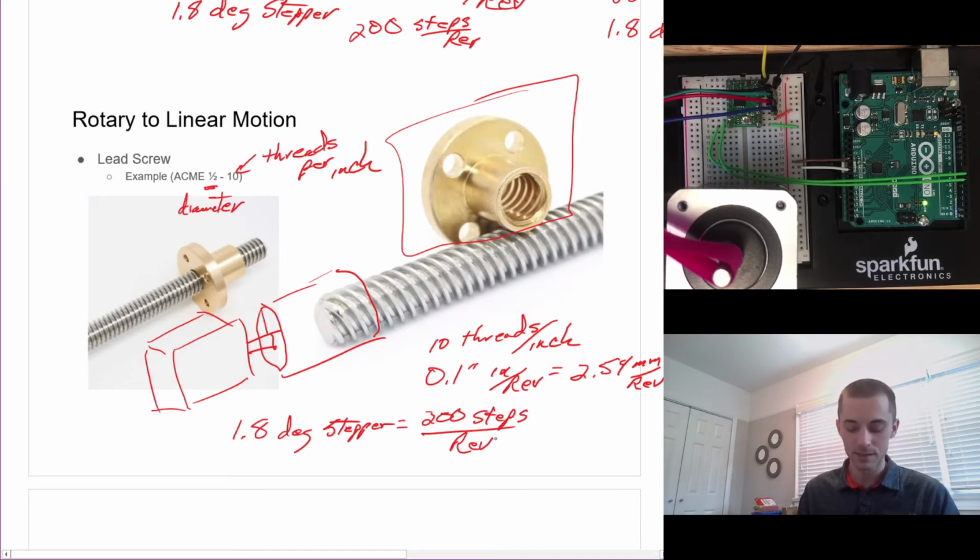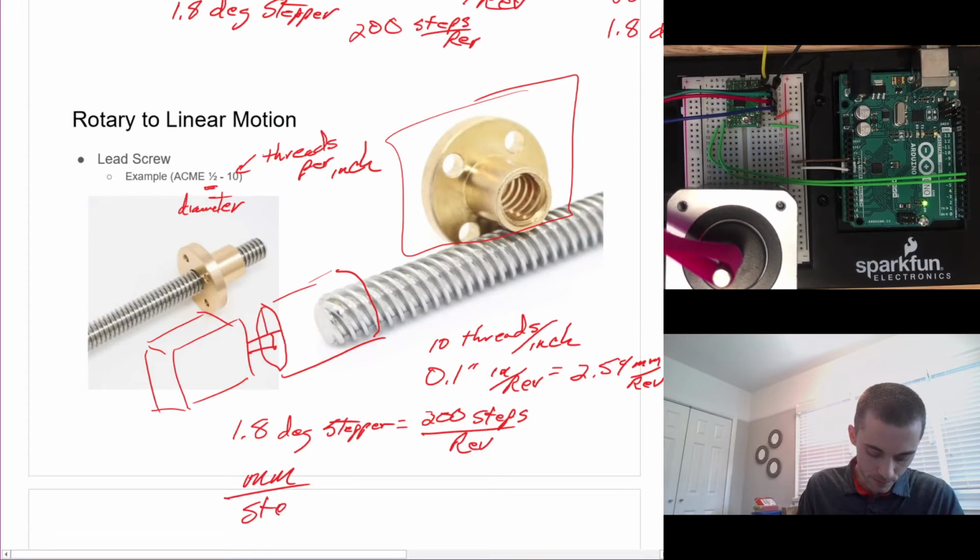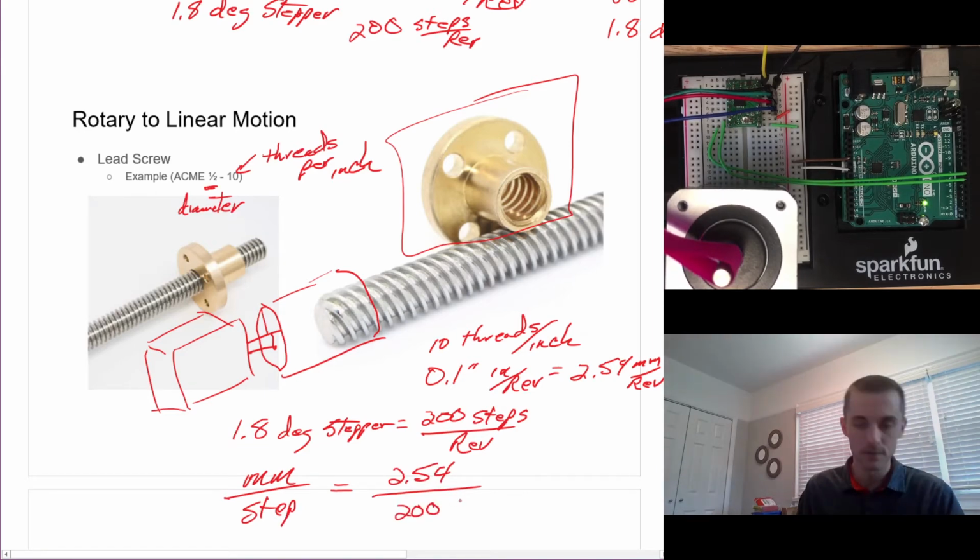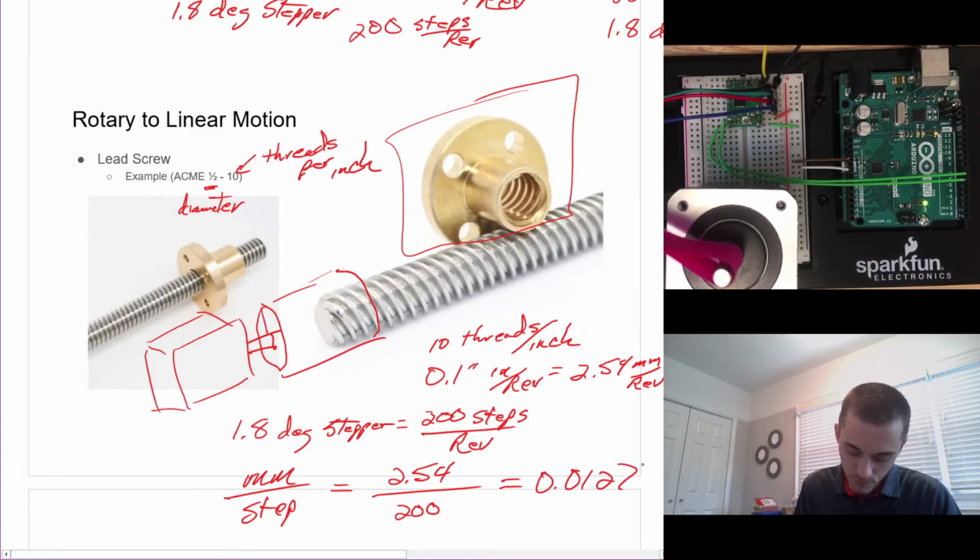So that means we can take that 2.54, our millimeters per step is equal to 2.54 divided by 200. So 2.54 divided by 200, and we get 0.0127 millimeters per step.